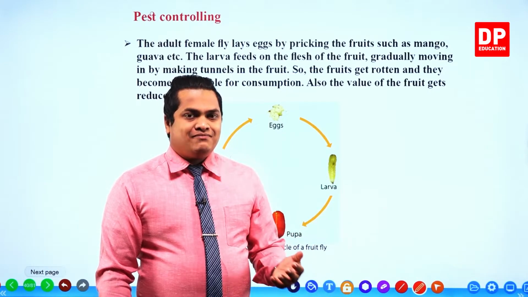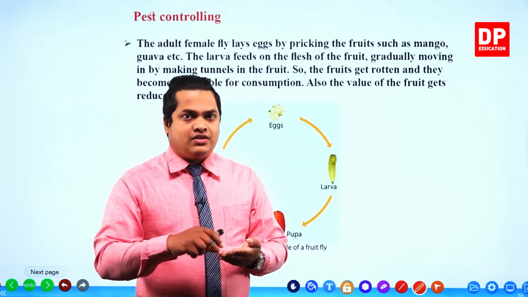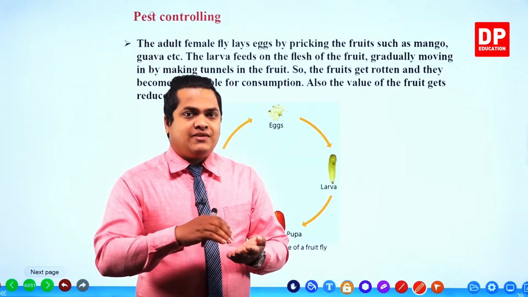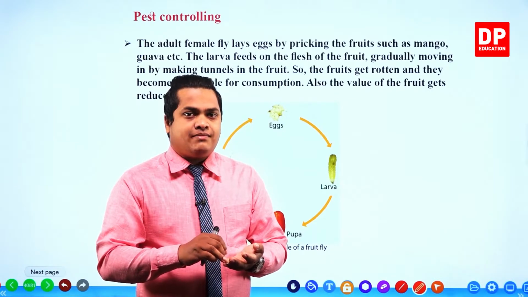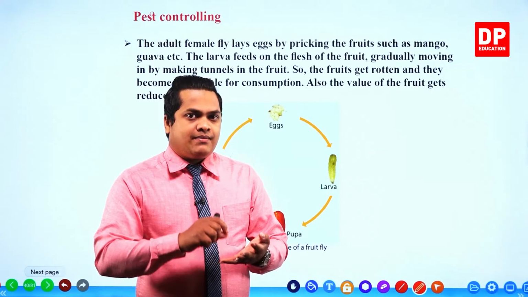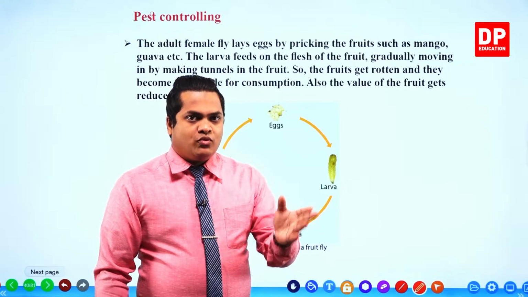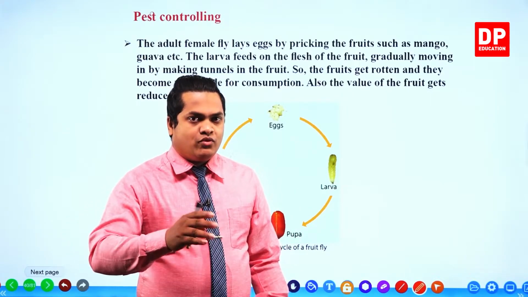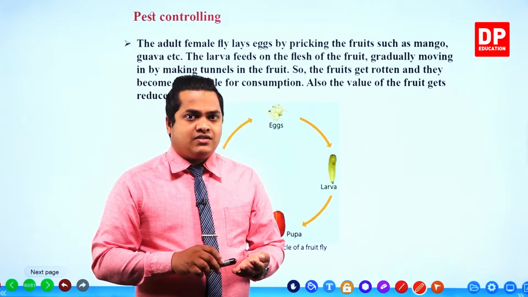That organism is eating the fleshy part and moving forward. The area where the fleshy part is being eaten by the fruit fly maggot can be observed as tunnels. When it eats and moves, those things can be observed as tunnels, right?